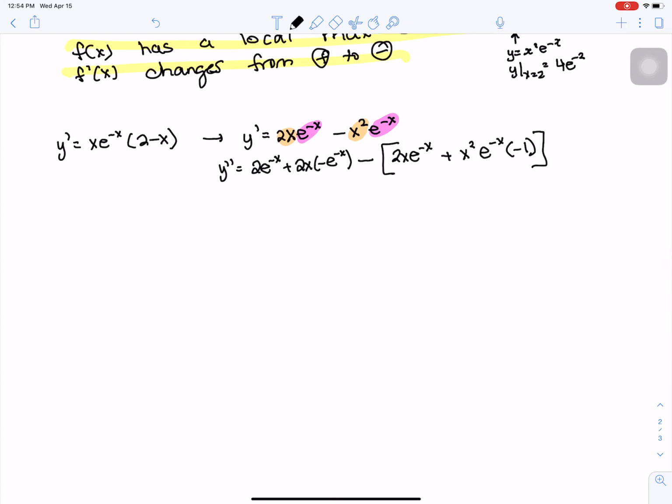So what we're going to get is 2e to the minus x, this term minus 2x e to the minus x, and this term with the negative sign will give me a negative 4x e to the minus x, and then the last term would be negative x squared e to the minus x, and that negative and negative would make this a positive.